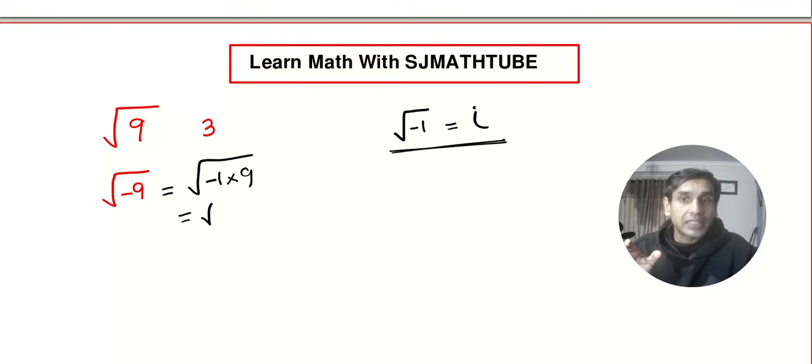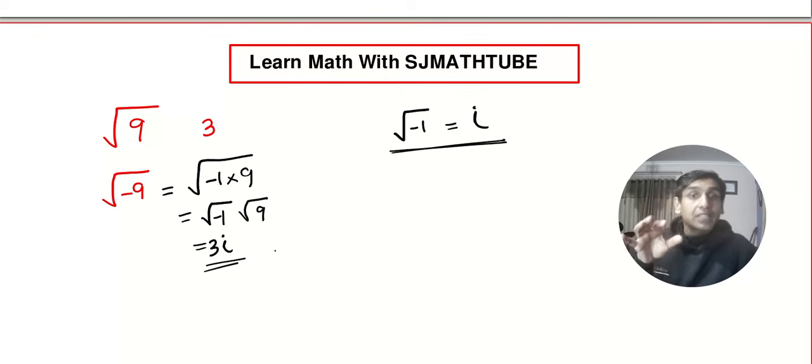That means I'll be able to write root minus 1 multiplied by root 9, and that gives me the answer i multiplied by 3, or 3i. And such numbers are called imaginary numbers.